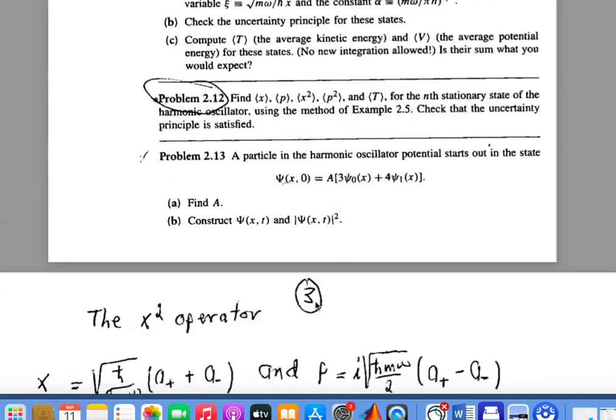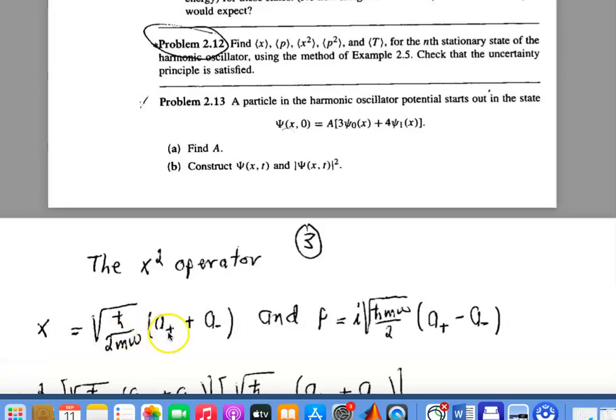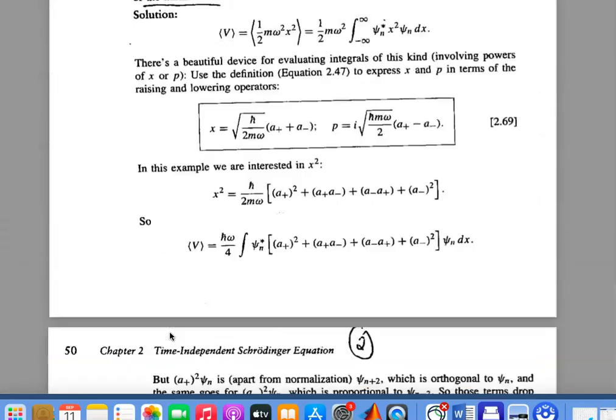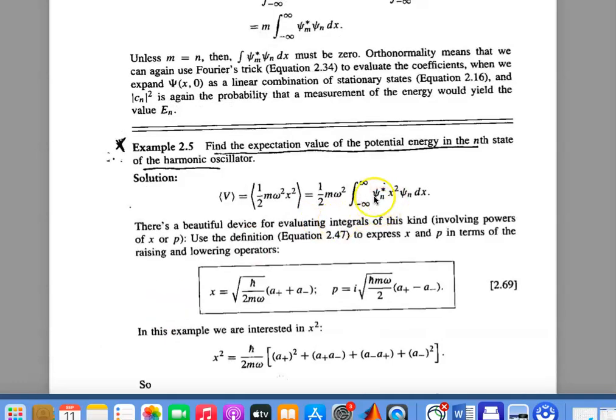So I have shown you how to find the expectation value of x squared. You will find the expectation value of x. You come here, you take the value of x, you follow the same method as in this problem here, but as opposed to x squared, you will have x.